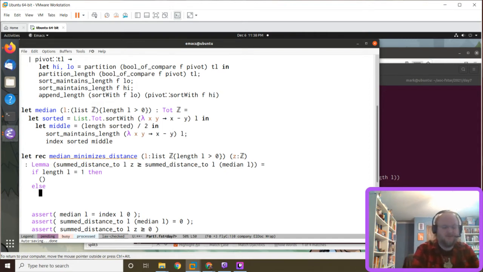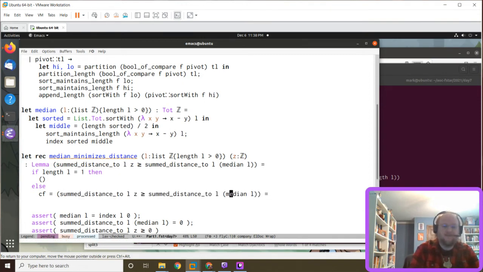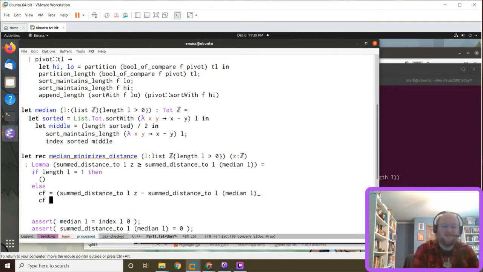So what I want is sort of, the cost function is the distance is this, and show that that is greater than or equal to 0, and then our theorem follows by simple arithmetic.